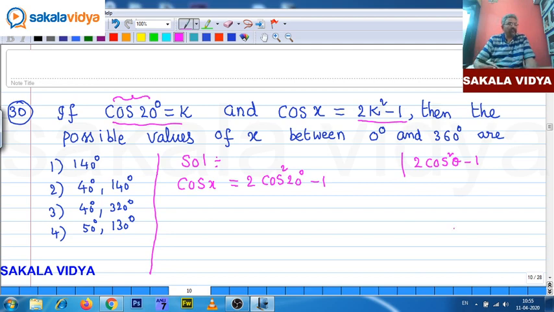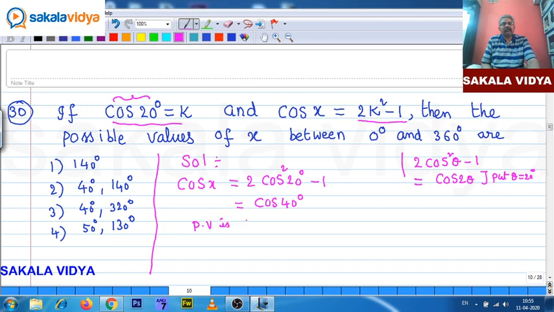Okay, thank you. Wait. So, now 2 cos square theta minus 1 equals cos 2 theta. Here put theta equal to 20 degrees. So, this becomes cos 40 degrees. That means the principal value alpha is equal to 40 degrees.